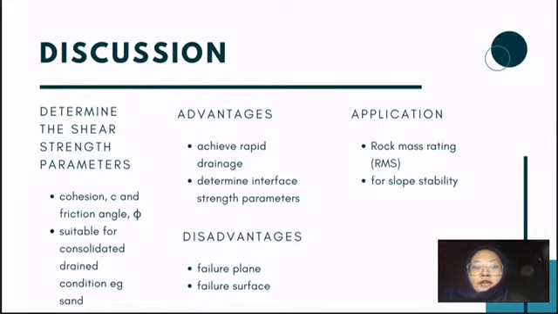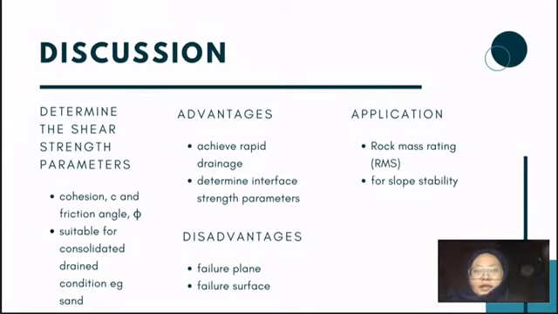Generally, the function of this test is to find the cohesion and angle of internal friction of soil, which are useful in many engineering designs such as foundations, retaining walls, and many more. This test can be carried out under three different drainage conditions, namely unconsolidated undrained, consolidated undrained, and consolidated drained.